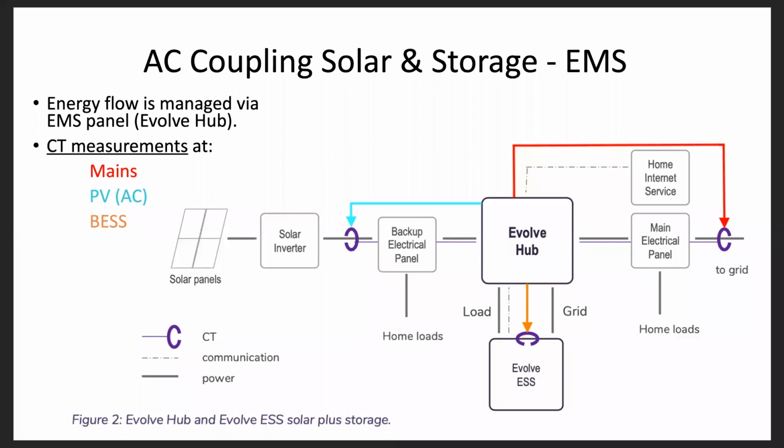If installing in a garage, for example, is there a distance limit for the wiring from the Evolve unit to the main electrical panel? No. There's no limit. Technically, you can extend any one of the conductors, either the AC conductors or the CT wires required for that connection.